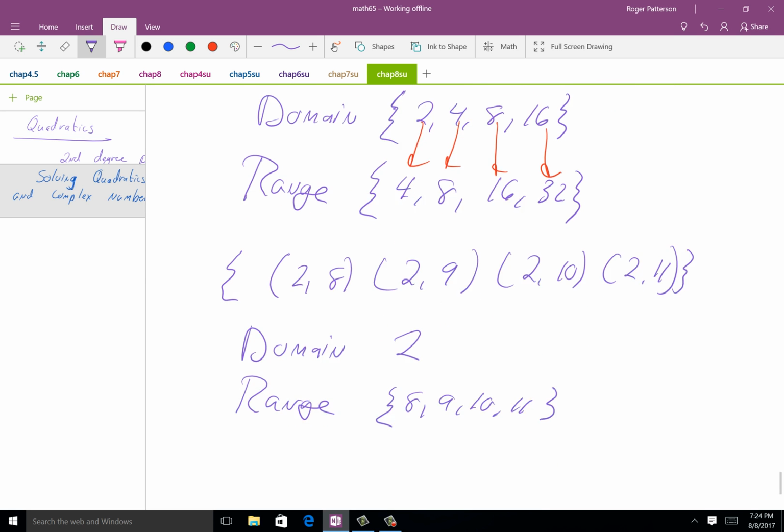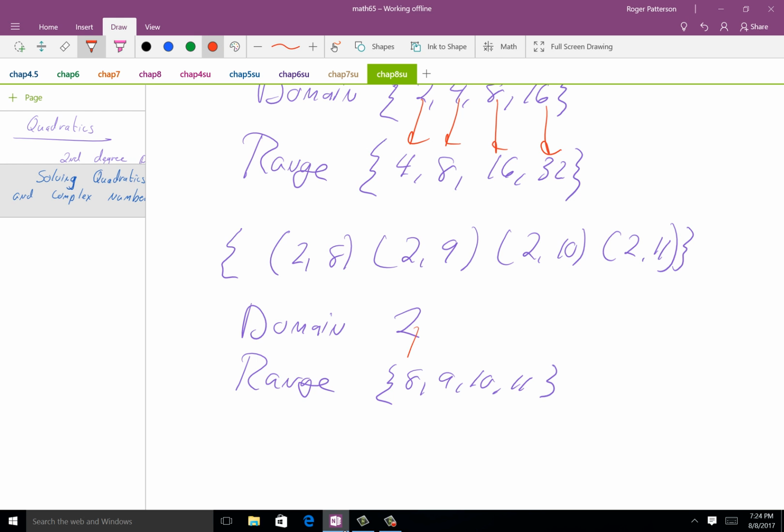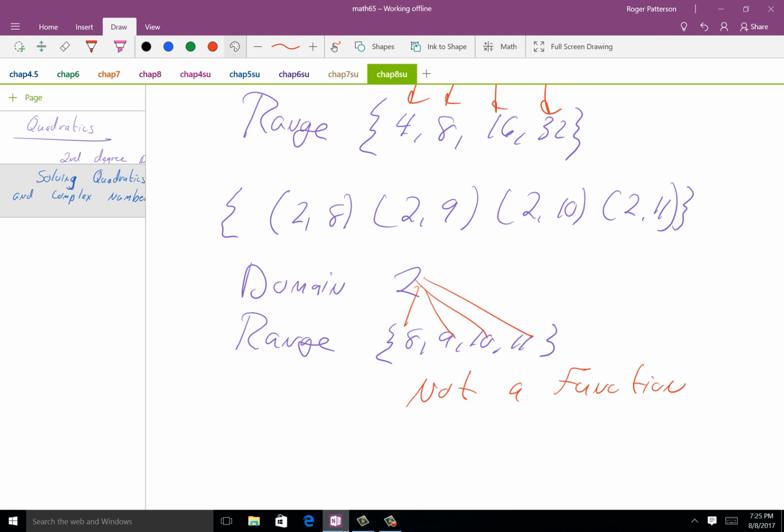So, in this case, 2 goes to 8, 2 goes to 9, 2 goes to 10, 2 goes to 11. So the question is now, is this a function? Why not? Right. 2 is paired with how many different numbers? 4. It's not a function. 2 is going to 4 numbers. As soon as it goes to a different number, it violates everything. So that makes it not a function, makes it a relation, actually.